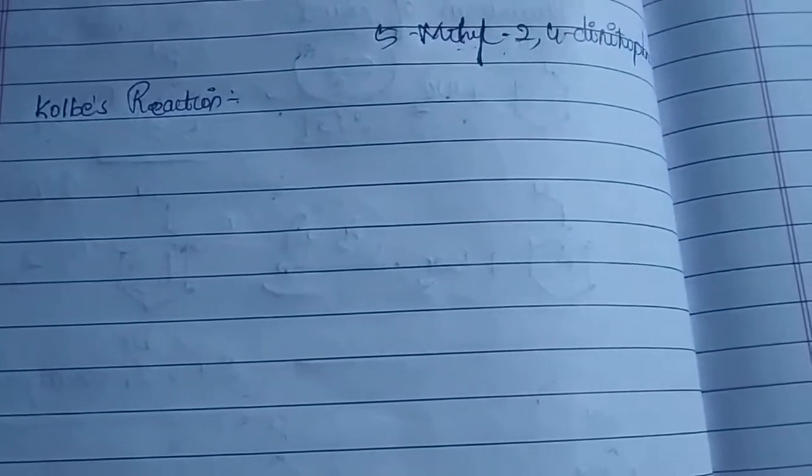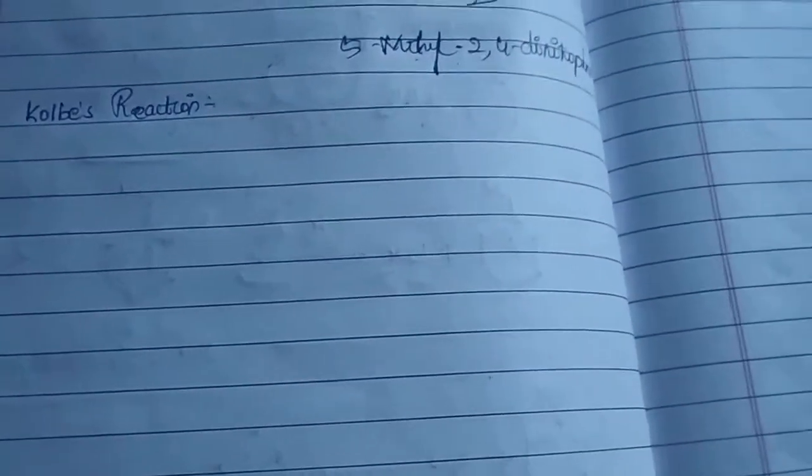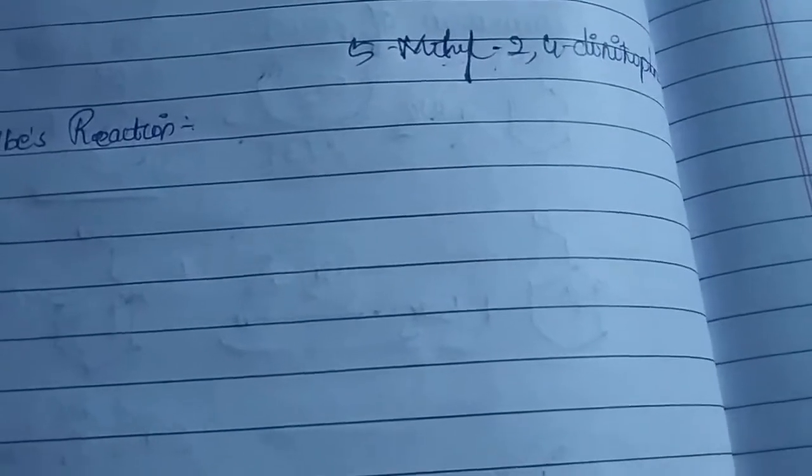In order to deal with Kolbe's reaction, I would like you to recall a concept from our earlier videos, and that is the manufacturing, or in simple terms, the preparation of aspirin. When we were preparing aspirin, we utilized one important compound. What was that compound? Recall it?